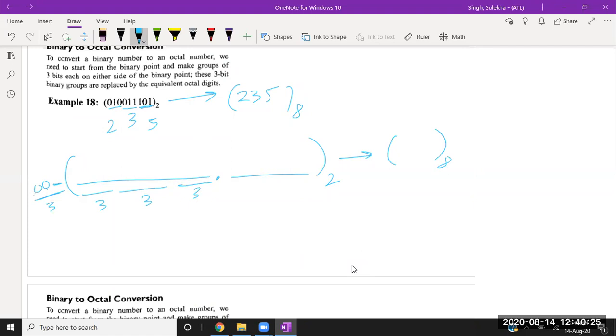Similarly, start after this decimal portion, make a pair of 3 first, then 3 again, and in the same manner you need to proceed, and then convert this pair of 3 into your octal part. If it is hexadecimal conversion, you need to make pair of 4 4. So is that clear to everyone? If it is clear, write yes in the chat box.